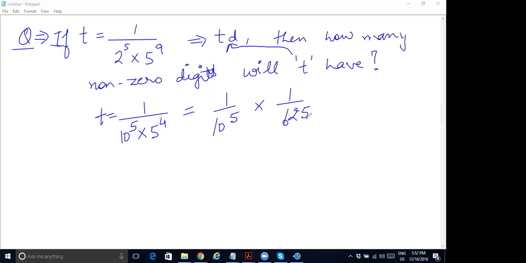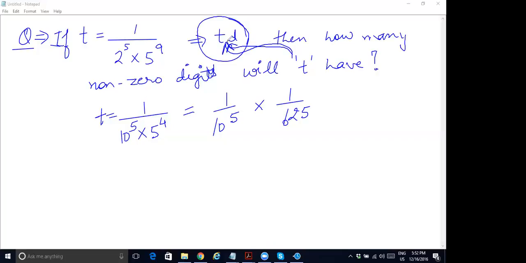And this 1 over 625 is a terminating decimal, right? That is a terminating decimal. Yes, that is given to us as well.